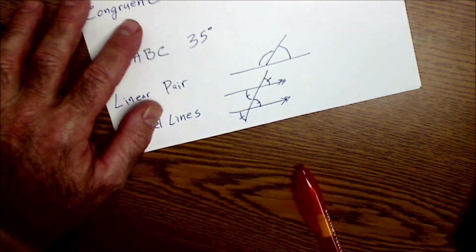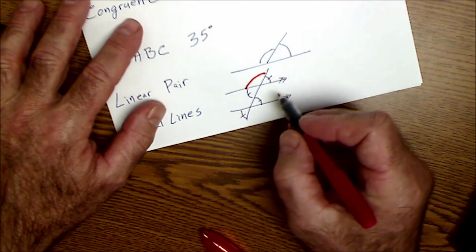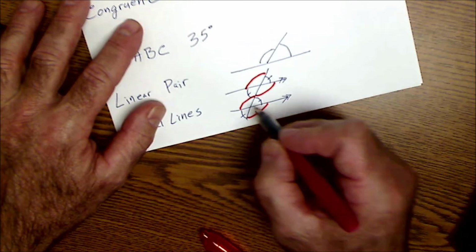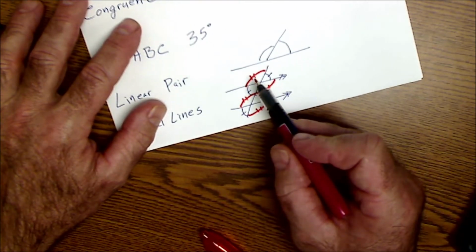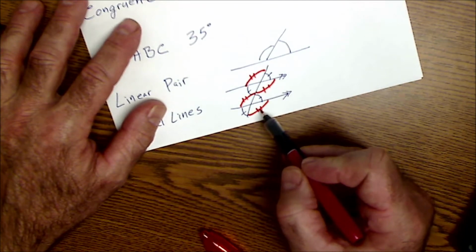And then in pink here, this angle, this angle, this angle, and this angle all have the same measure. So those little double tick marks are saying this is congruent to this, is congruent to this, congruent to this.